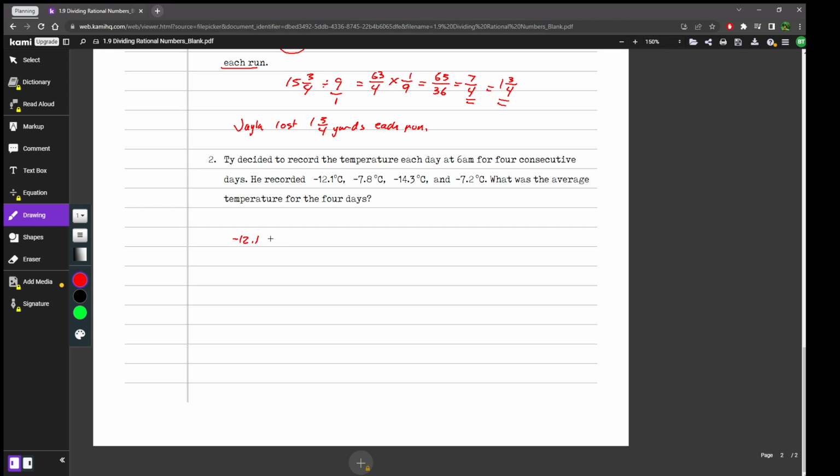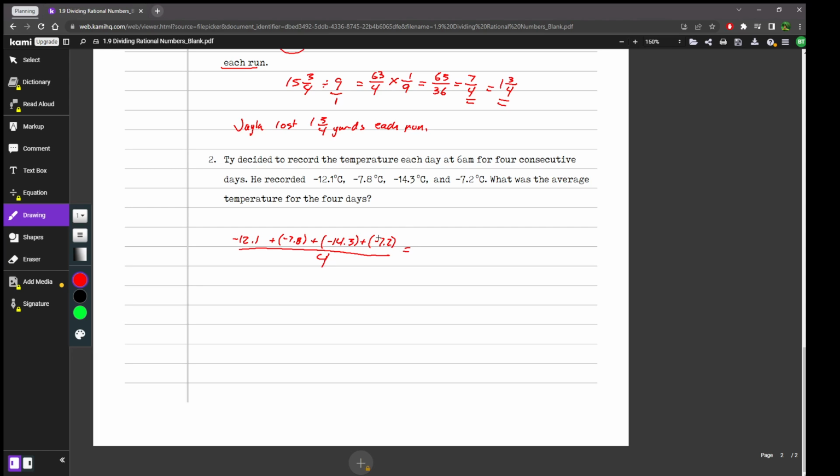So our problem ends up being -12.1 plus -7.8 plus -14.3 plus -7.2. Okay? And then we want to divide our total by 4, because that's how many we have. We're taking an average, so 1, 2, 3, 4 data points.